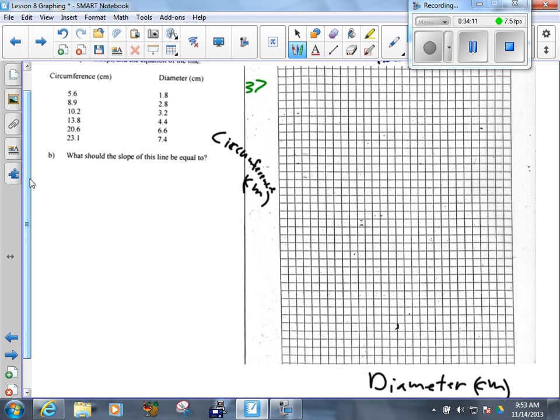My next thing is to figure out my scales. The biggest diameter I have is 7.4 centimeters. I've got 30 lines on which to fit that. So for my x scale, I'm going to go 7.4 over 30.